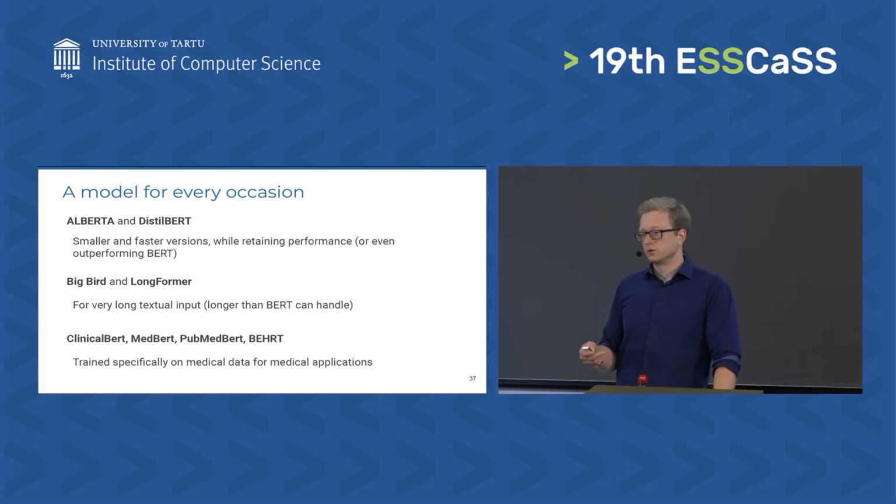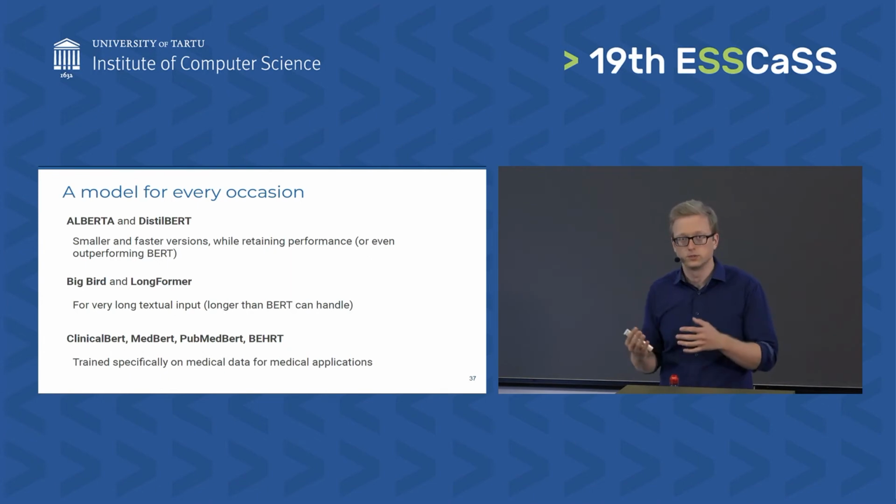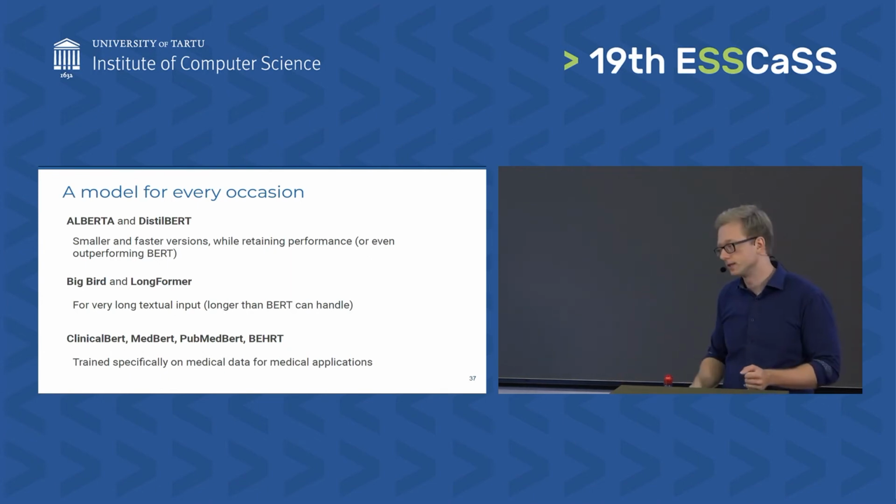BigBird and Longformer are for occasions where we want to handle very long text. ClinicalBERT, MedBERT, different kinds of variations for applications where we want it to work on medical text specifically, for example.